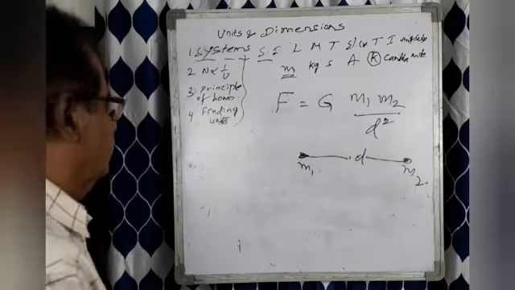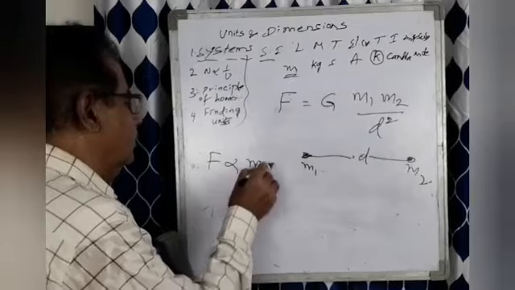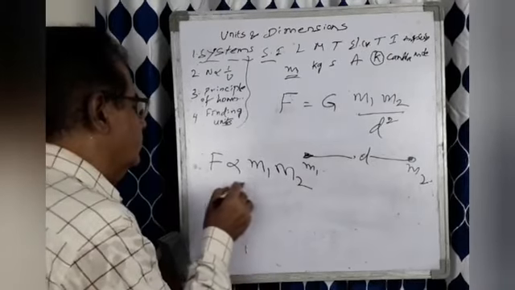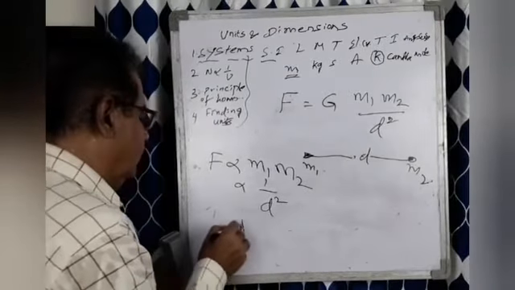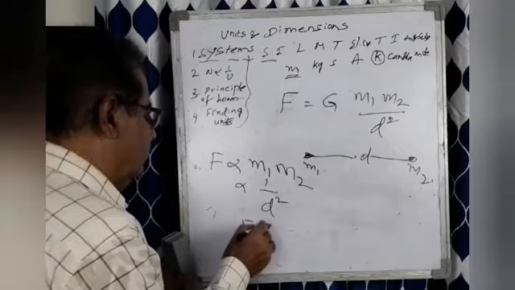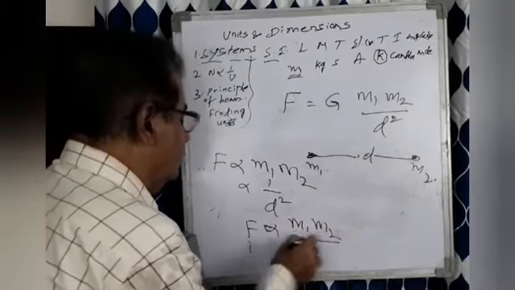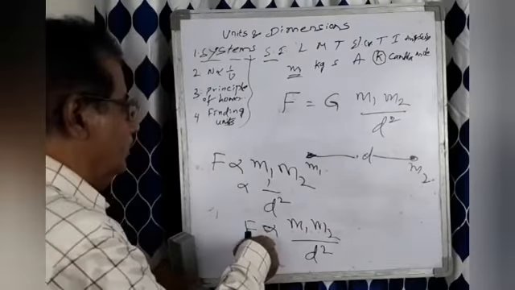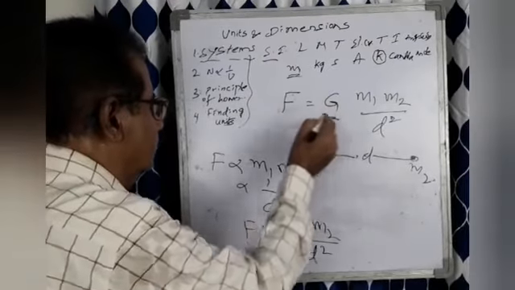And if you write like this, F proportional to the product of masses m1 m2, and inversely proportional to the square of the distance between them, combining these two, you get F proportional to m1 m2 by d square. And if you replace this proportionality with an equality sign, you will get a constant.